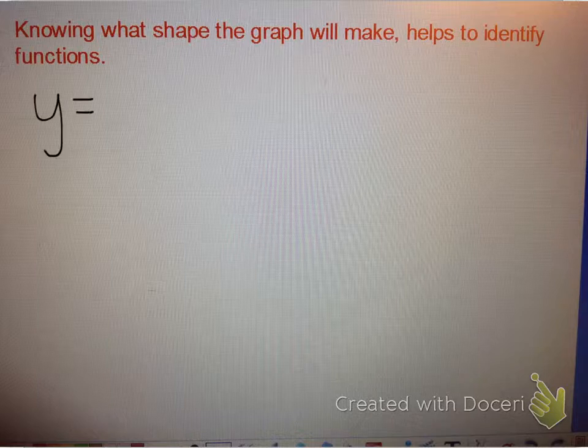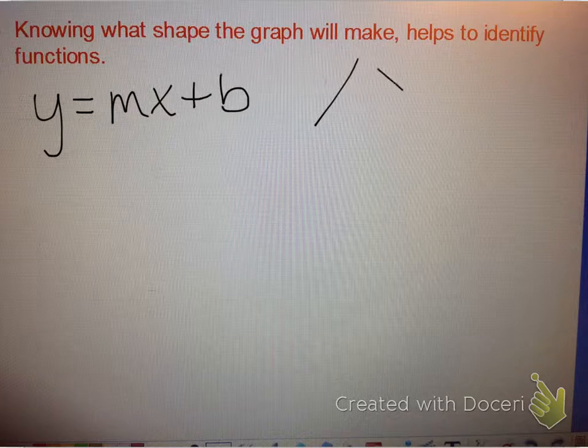So we know that y equals mx plus b. This is a line, okay? And so it can go this way, this way, this way. Those are all lines. These are linear functions. The only line that you would see on a graph that's not a function is a vertical line. The reason that a vertical line is not a function is because it won't pass the vertical line test. It lines exactly up with the vertical line.